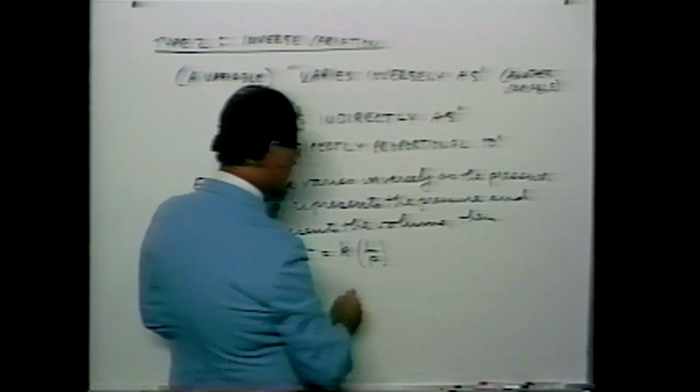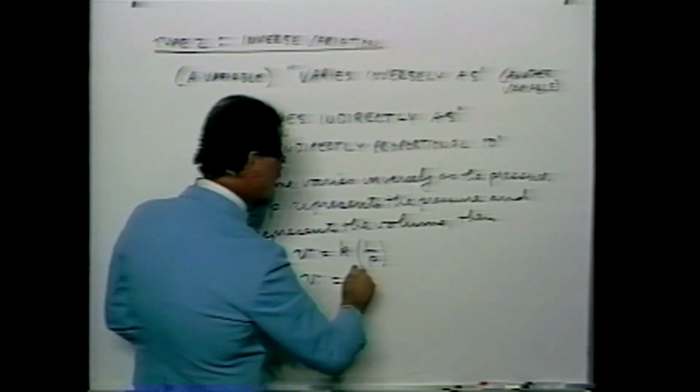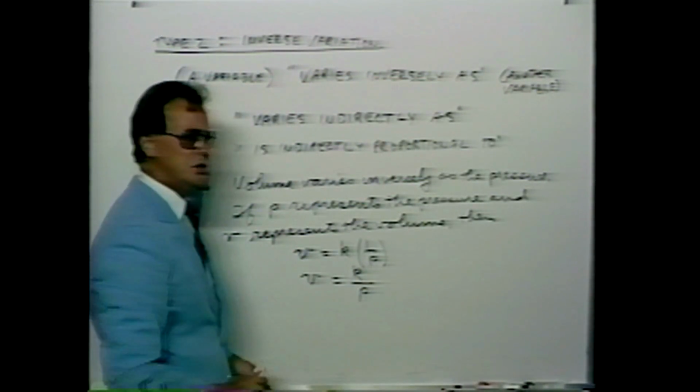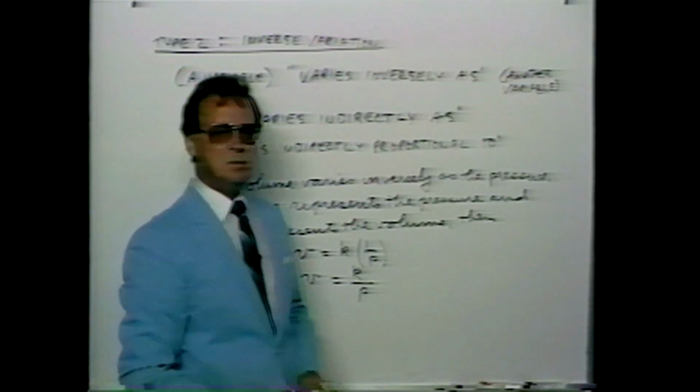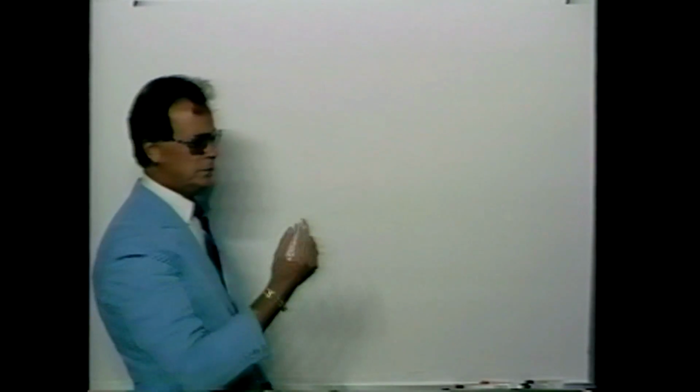Or you might write, which is also acceptable, V equals K over P. The constant of proportionality K must always be part of a variation formula. The third type is referred to as joint variation.